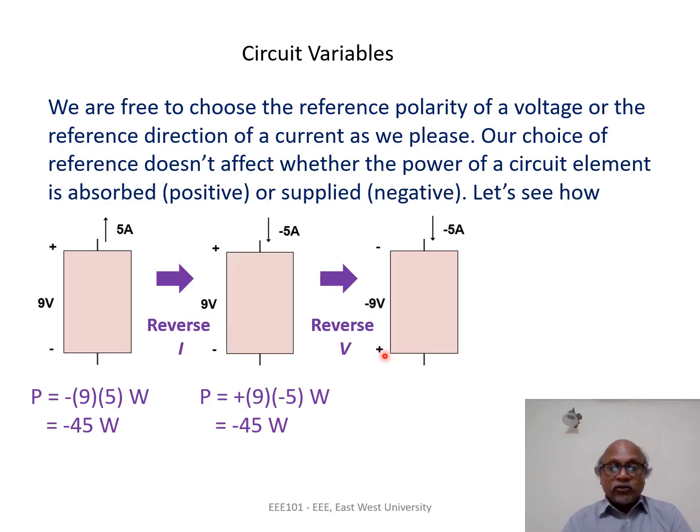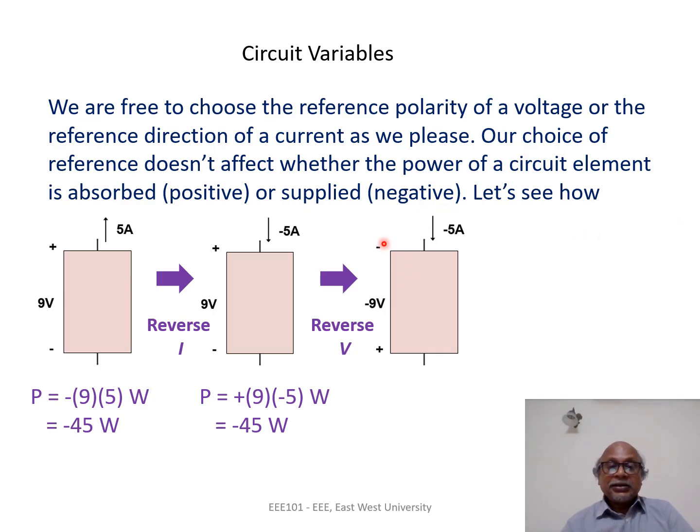In the third situation, I have decided to reverse the voltage polarity. I will put plus on the bottom and minus on the top. So because the reference polarity is reversed, the voltage 9 volt becomes minus 9 volts. Current remains the same. Let's recalculate the power.